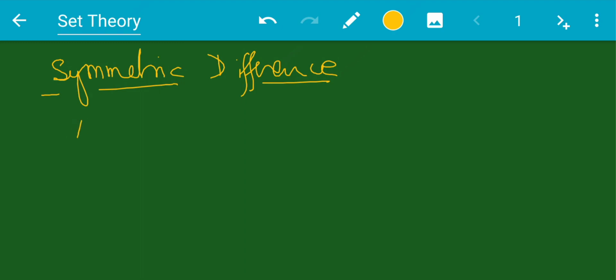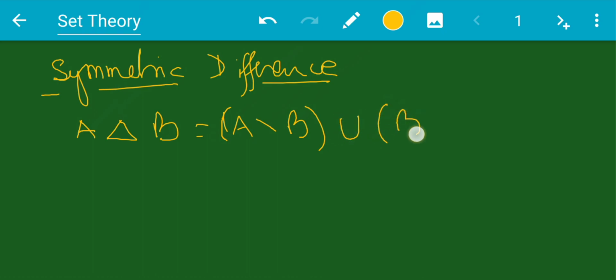This triangle is the symbol for symmetric difference. A triangle B is nothing but A difference B union B difference A.